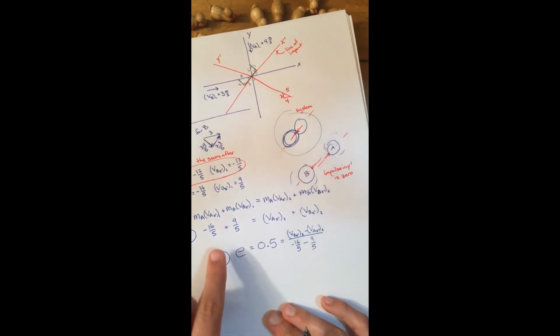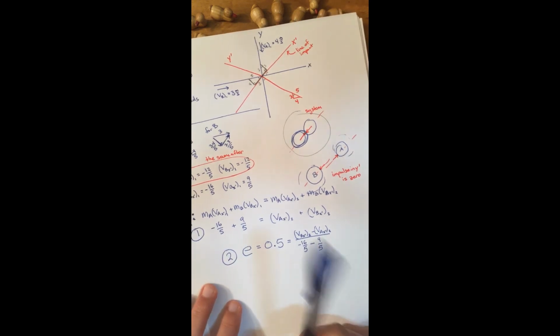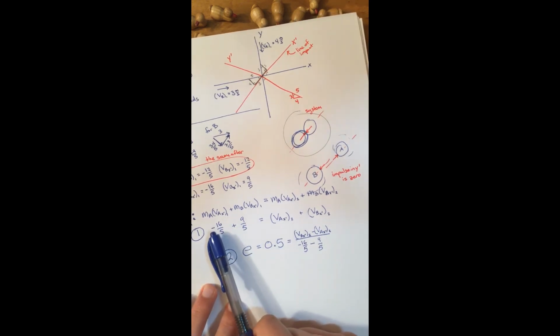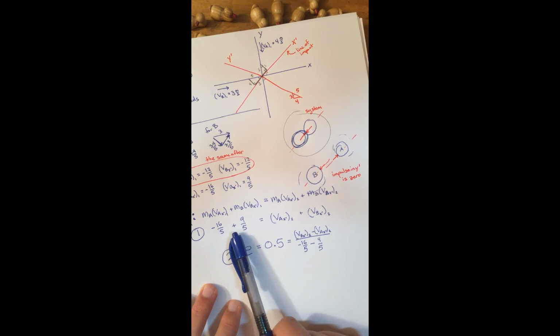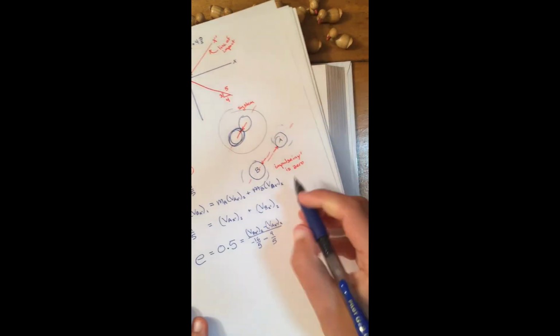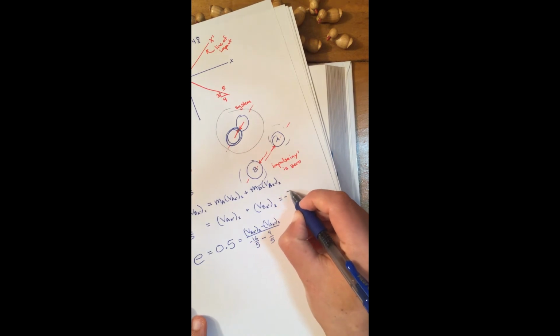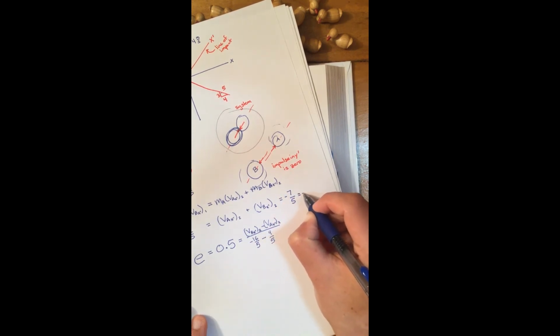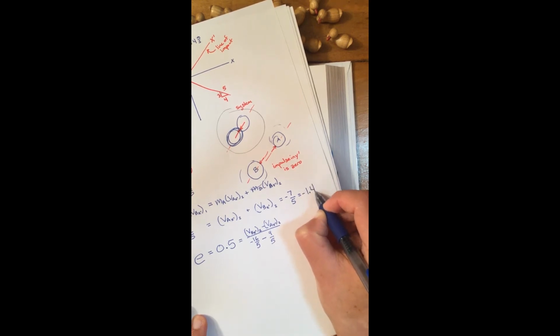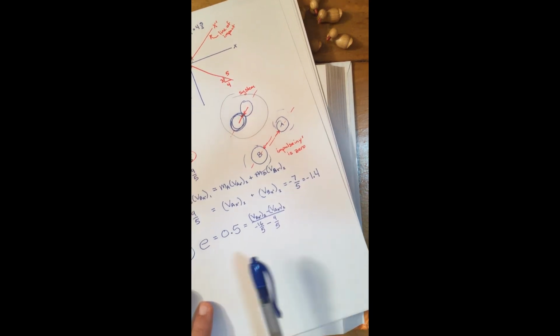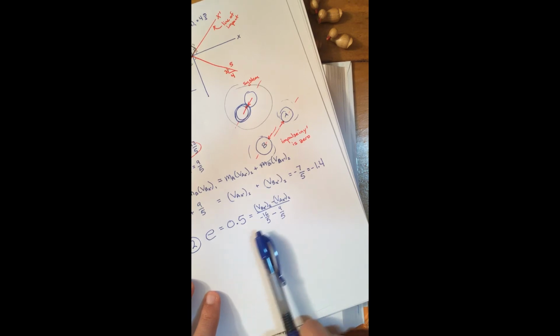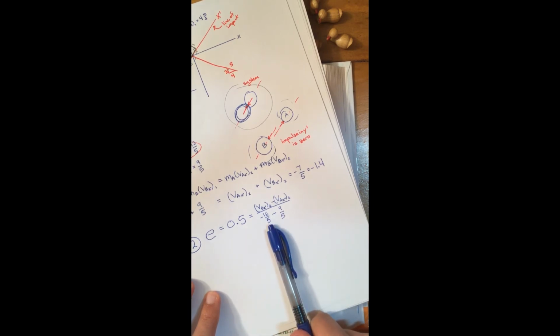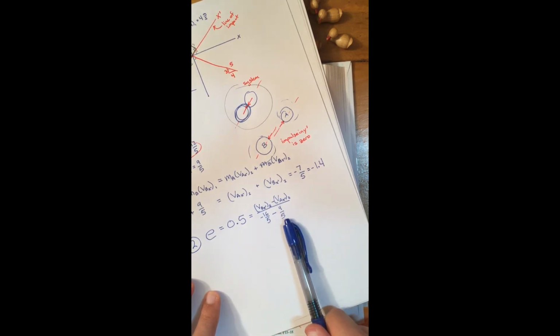So let's go back to equation 1, and we have negative 16 divided by 5 plus 9 divided by 5, which gives us negative 7 divided by 5, which is equal to negative 1.4. Then for equation number 2, I have negative 16 divided by 5 minus 9 divided by 5.